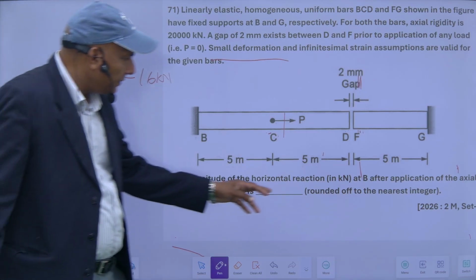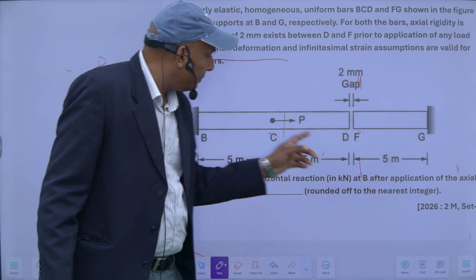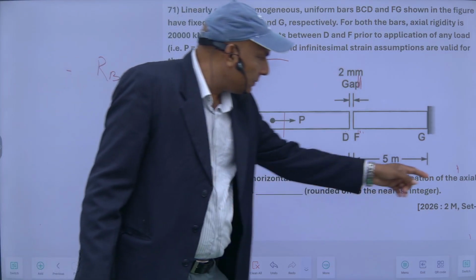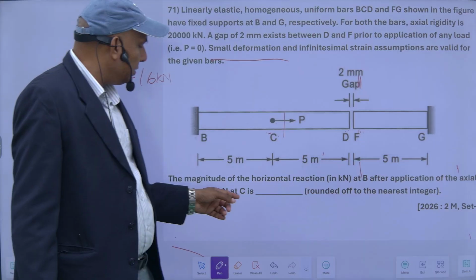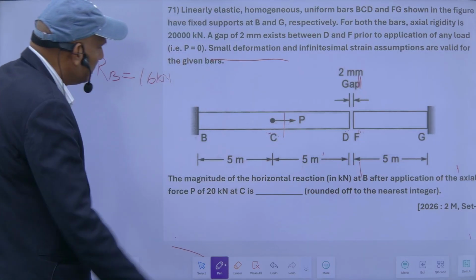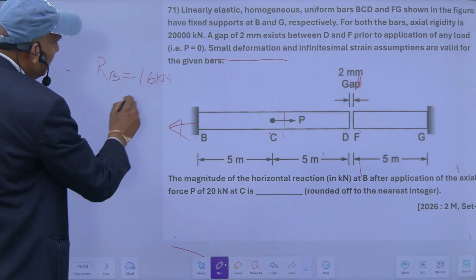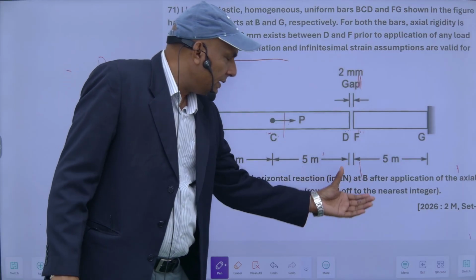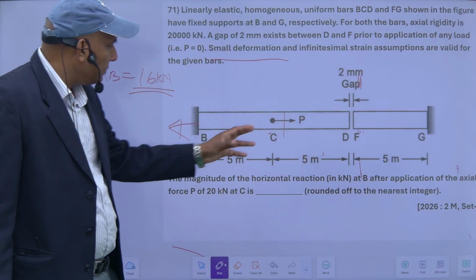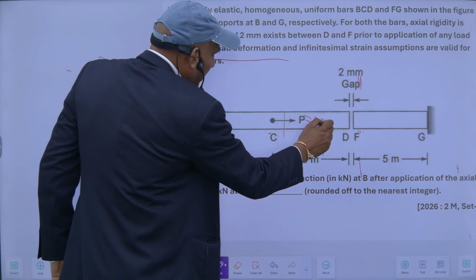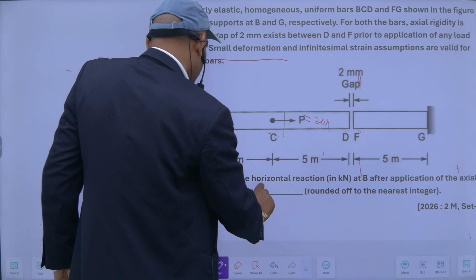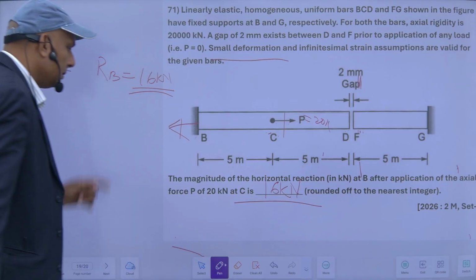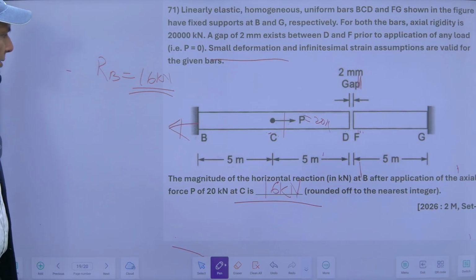The magnitude of the horizontal reaction at B after application of the axial force of 20 kilonewton at C. So this value of reaction is 16 kilonewton. So this is the horizontal reaction at B after application of the axial load of 20 kilonewton here. So value of RB is equal to 16 kilonewton. So this is the answer.